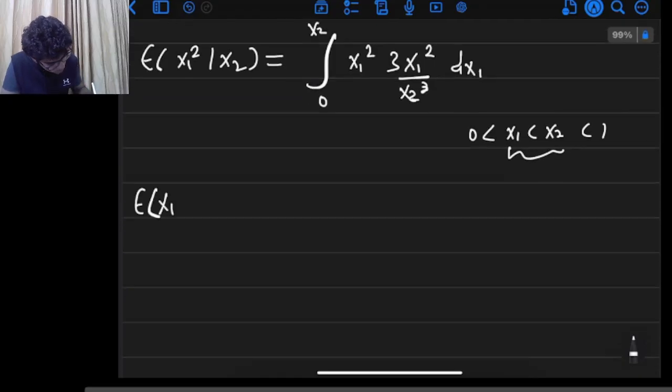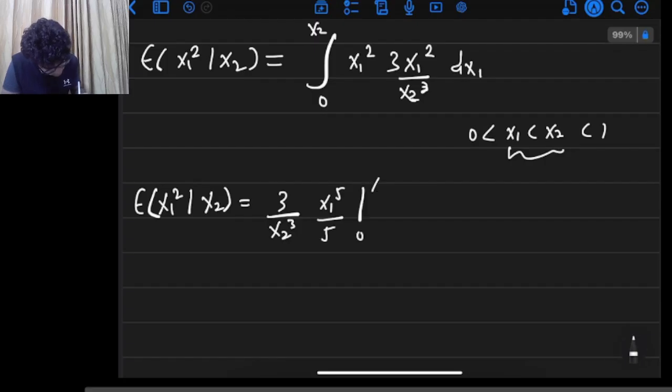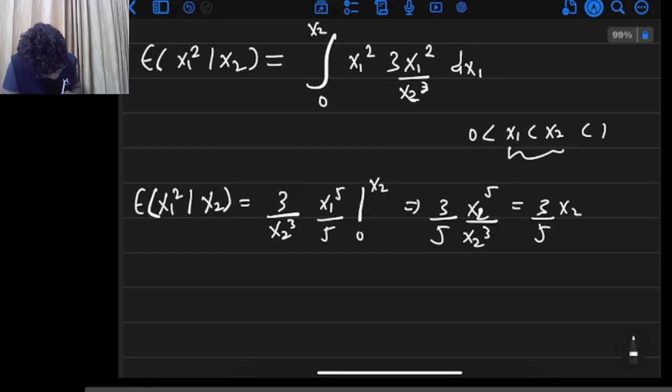This gives me 3 by x2 cube coming out, and x1 to the power 4 integrates to x1 to the power 5 by 5 from 0 to x2. This gives me 3 by 5 x2 to the power 5 divided by x2 cube.